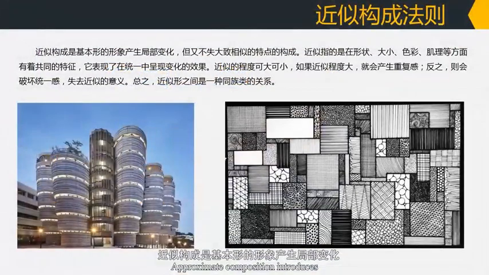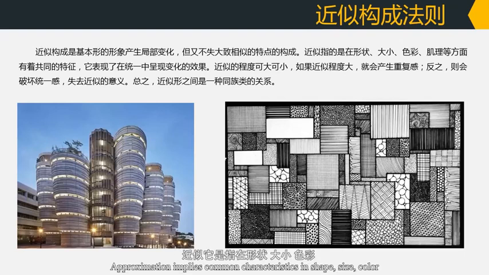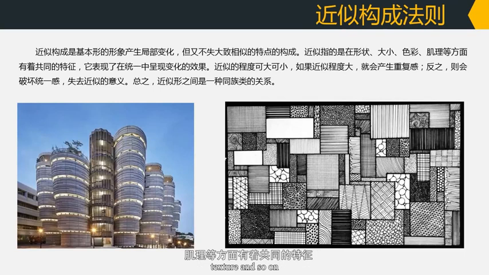Approximate composition introduces local variations within basic forms, while still retaining overall similarity. Approximation implies common characteristics in shape, size, color, texture, and so on, presenting variation in unity.